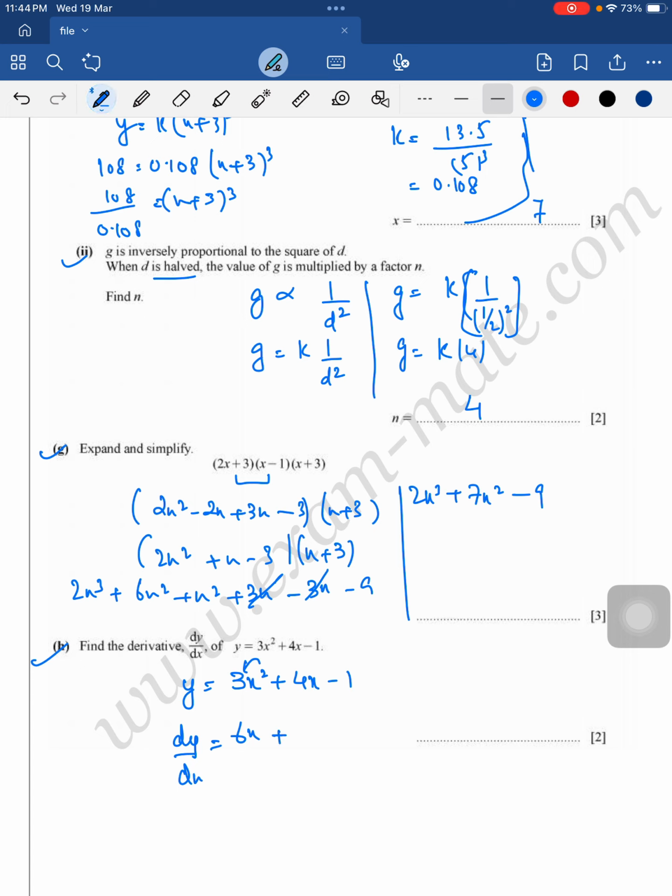Plus this power 1, so 1 multiplied by 4 is 4, and x to the power 1 minus 1 is 0. So x to the power 0 is equal to 1. So 6x plus 4, and minus 1 is a constant, so the derivative of that will be 0, right?